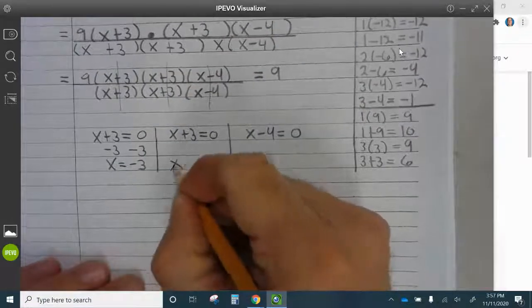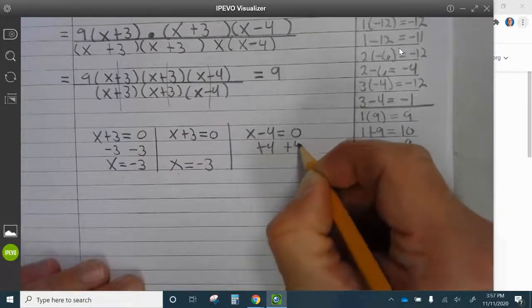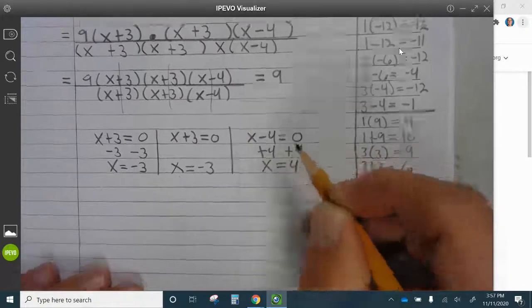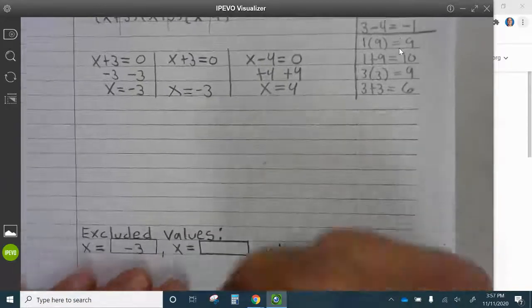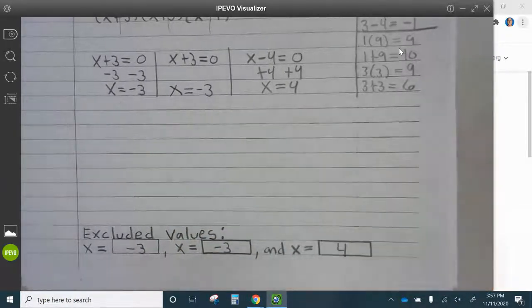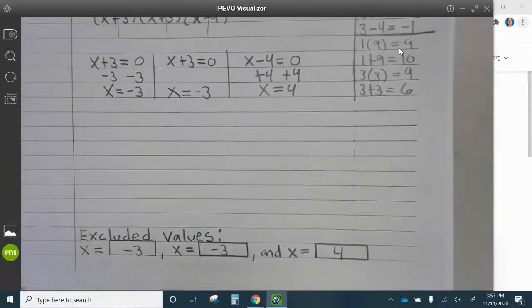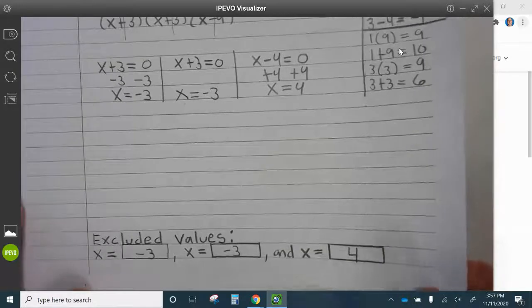And then add 4 to both sides, x equals 4. So our excluded values are negative 3 and 4.